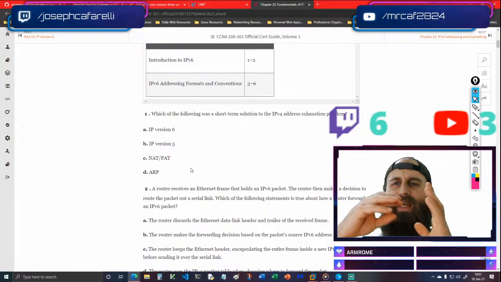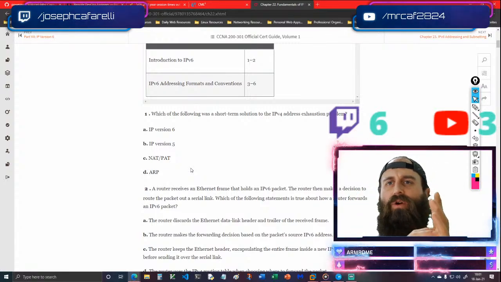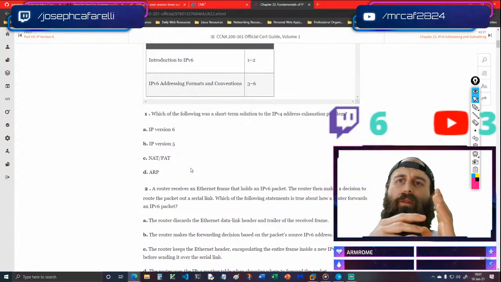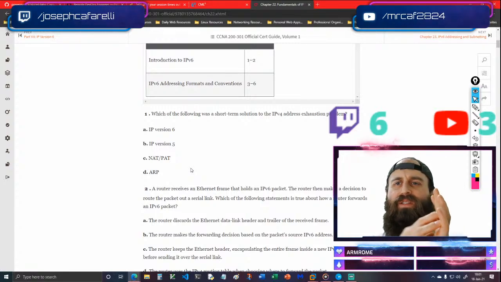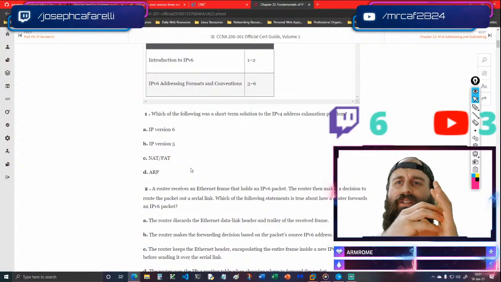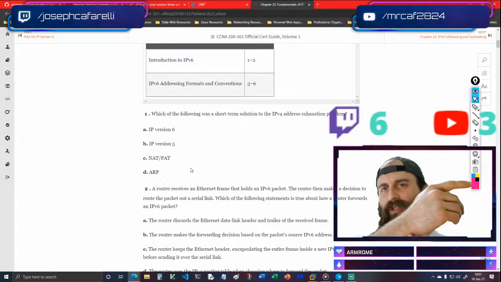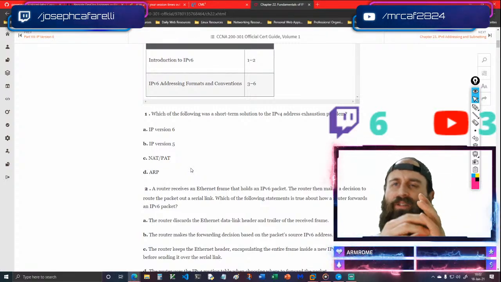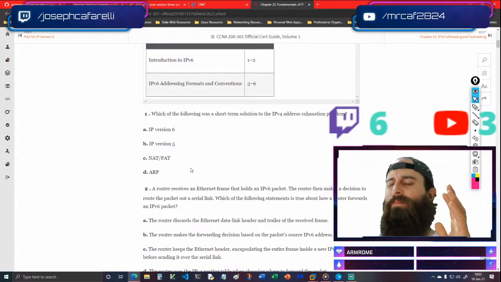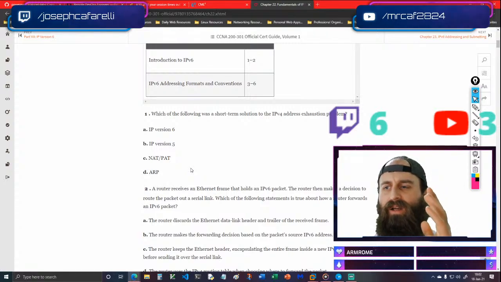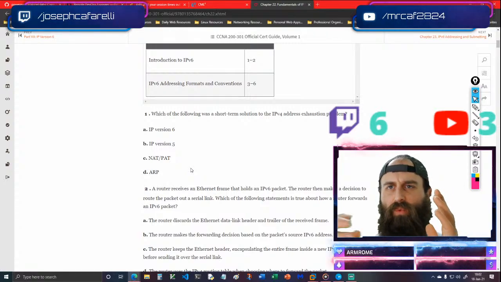When you send a packet to your router, NAT and PAT take that private address and say, okay, this address needs to be routed out to the internet. But when it comes back, it adds a tag to it. We're going to be getting into more NAT and PAT as we continue on.